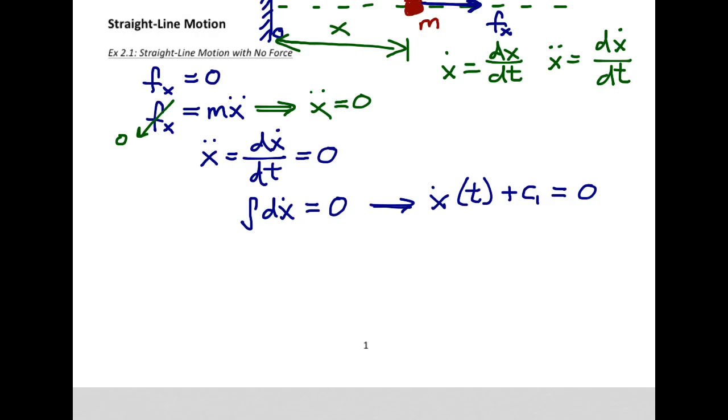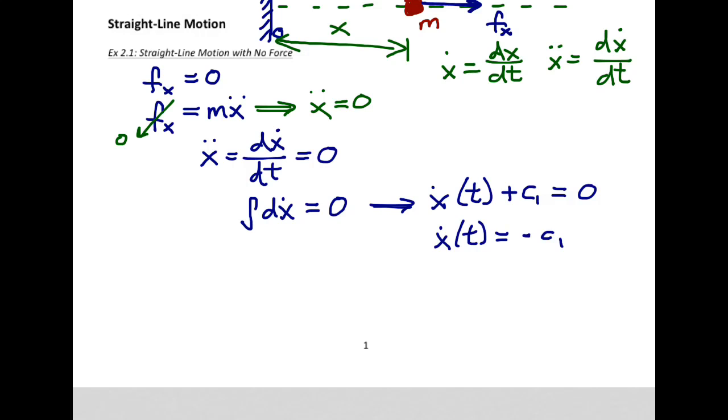So now what we're saying is that with this x dot, if we know what our constant is, then we are going to know x dot as a function of t for all times. And so we solve for this. We say that x dot as a function of t is going to be equal to negative c1. So this tells us that the speed is constant.